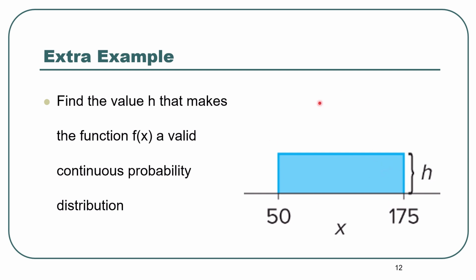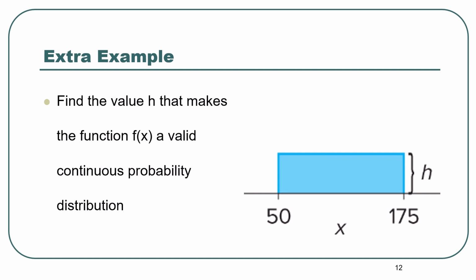And even if it wasn't a uniform distribution or a rectangle, you can apply the same principle. The area under the given curve has to be 1, and if I know the base, I can solve for h. So h here should be what? Let's do it together.